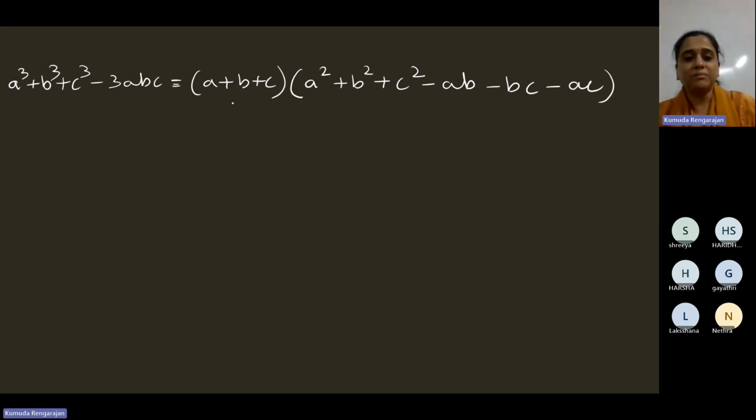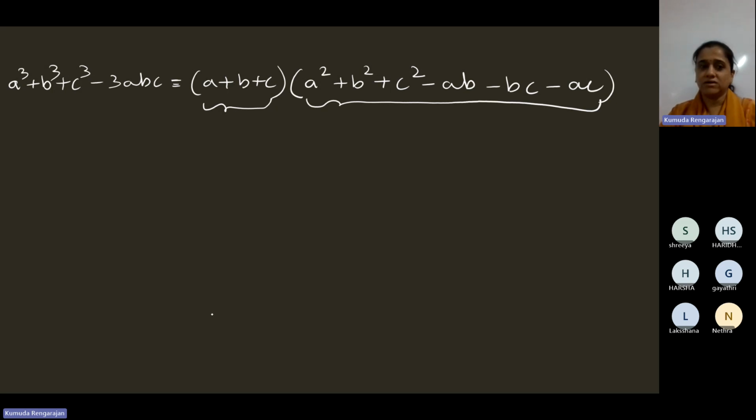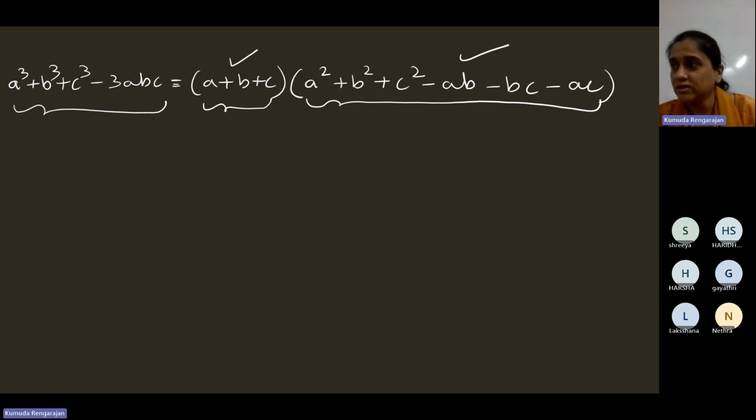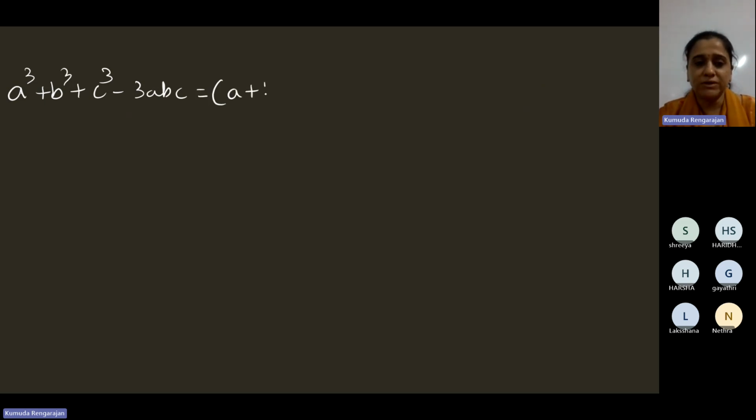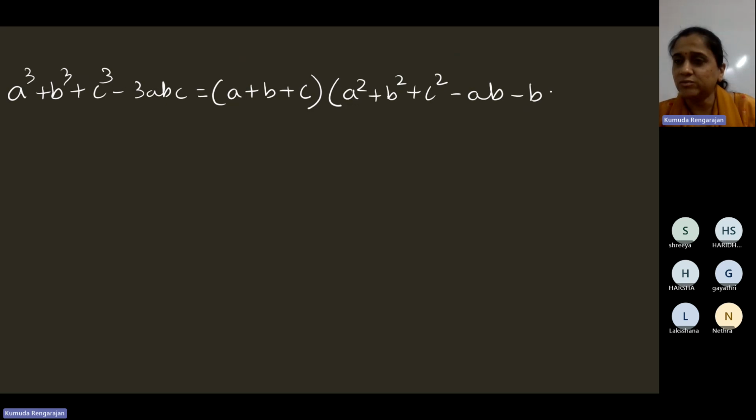When you multiply a plus b plus c with a squared plus b squared plus c squared minus ab minus bc minus ac, you will get this expression as the product. Let's write it again.